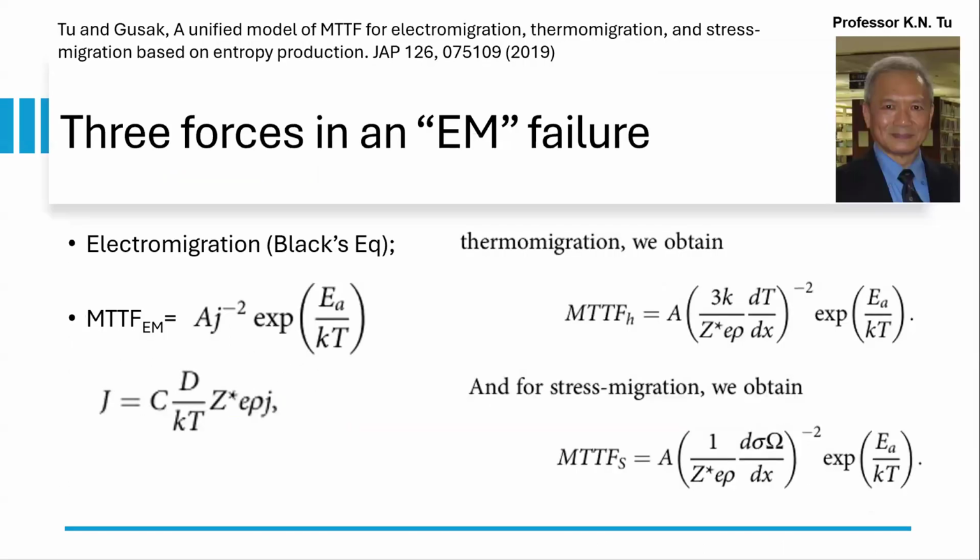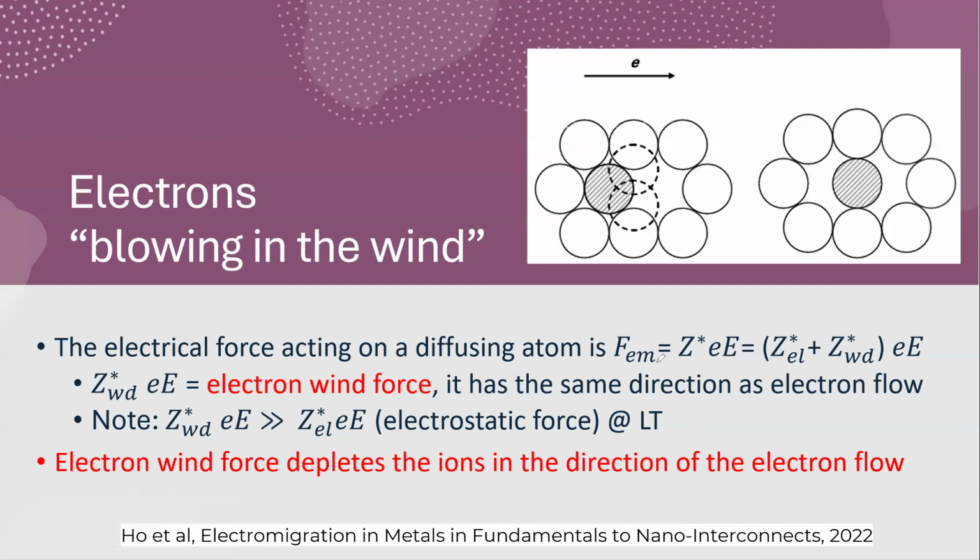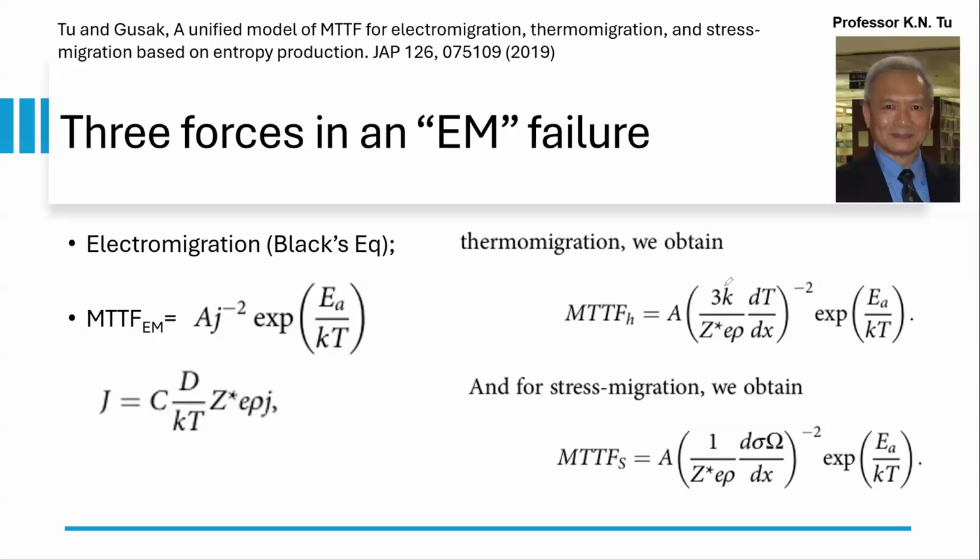These are all the forces that I could induce. The force is the equivalent charge times the field. That's what I meant by the force. So there's the electron wind force, and we're not talking about electrostatic force yet. Then there's a thermal gradient force, the thermal migration force.